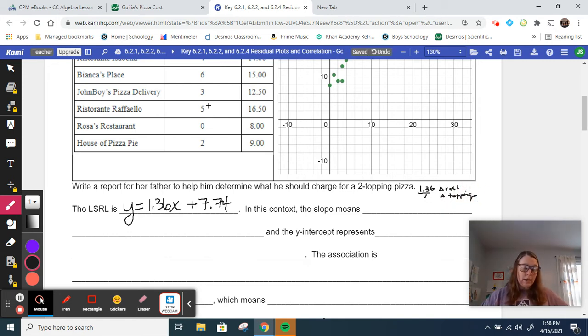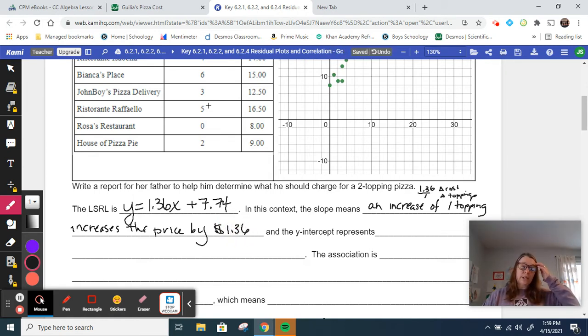It means that if we increase by 1 topping, the cost of the pizza increases by $1.36. So it means an increase of 1 topping increases the price by $1.36.